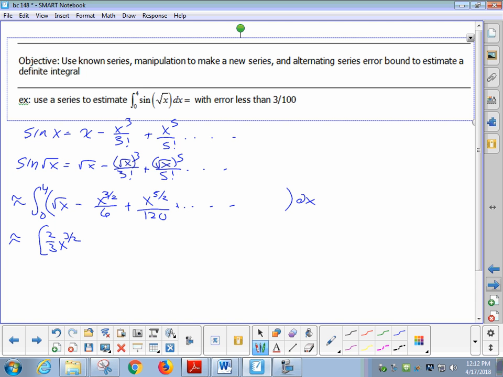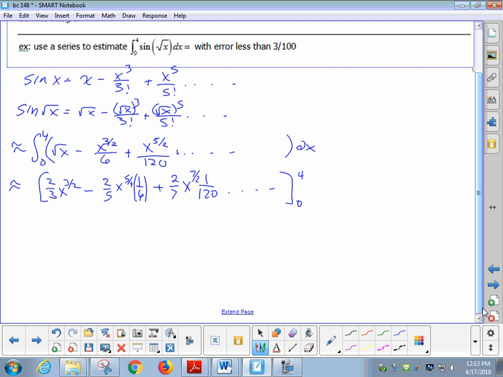It's 0 to 4, not 0 to 1, my bad. 0 to 4. 2/3 x to the 3 halves minus 2/5 x to the 5 halves times 1/6 plus 2/7 x to the 7 halves times 1/120. Maybe we'll need more, don't know. Call it 0 to 4. Are you with me? All right then.